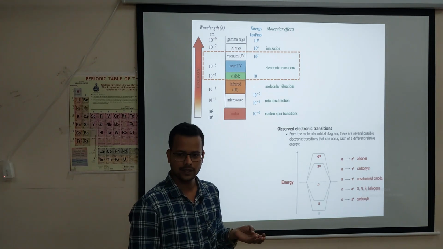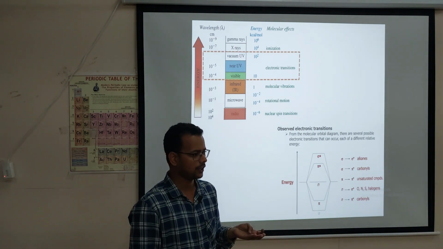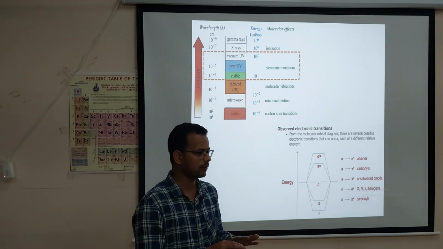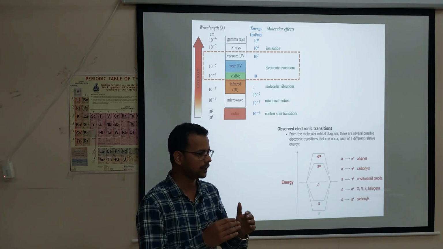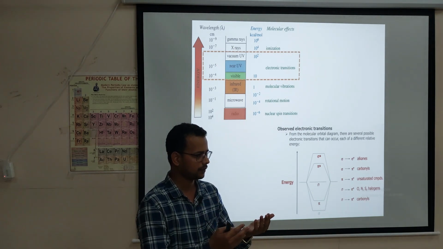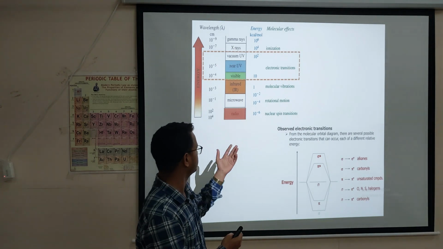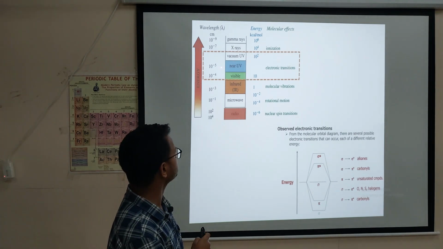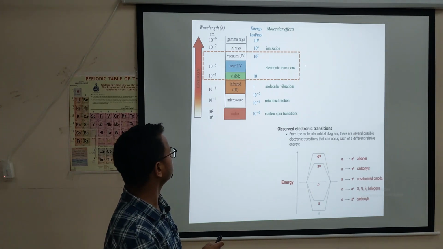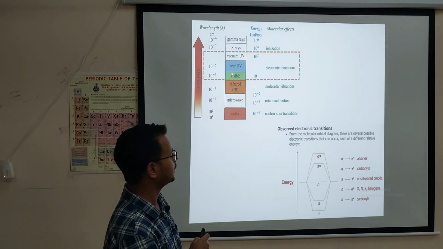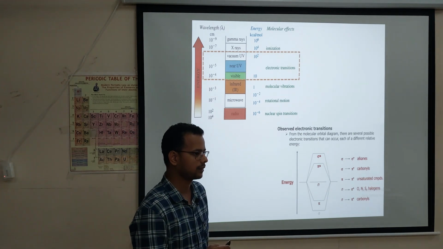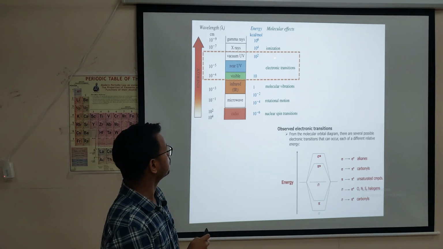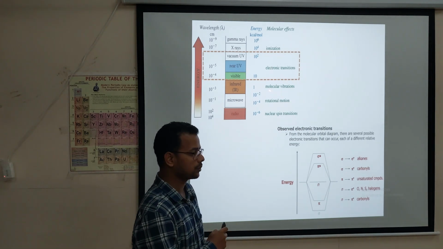This type of wavelength means different wavelengths of light, the spectrum just shown here, right. And today we are discussing this visible and UV light. You know what is the role of this UV and visible light?